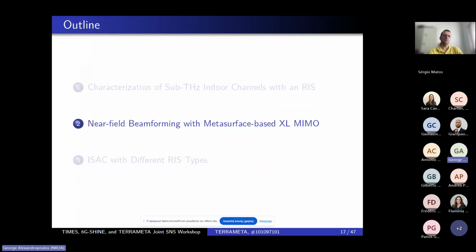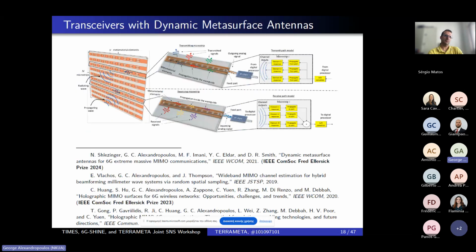Let me proceed to the other work, which is near field beam focusing with now a different type of RIS. This type is using an RIS as an XL MIMO node. These are the so-called dynamic metasurface antennas, where at the end of the day, you have again at the front end, that you see on the left of this figure, the typical metasurface.